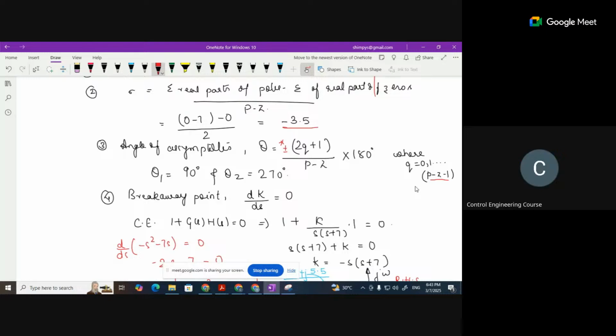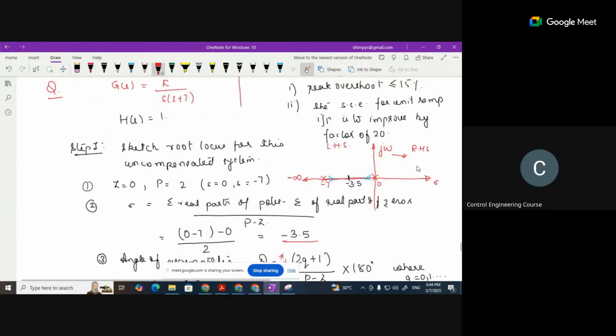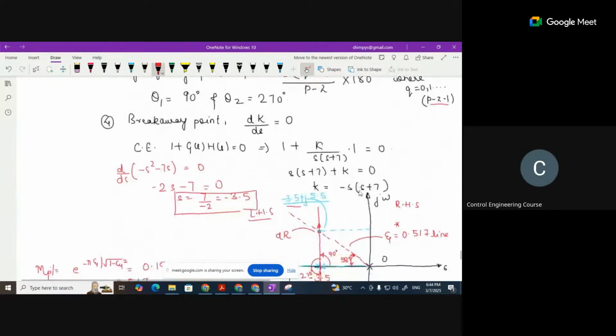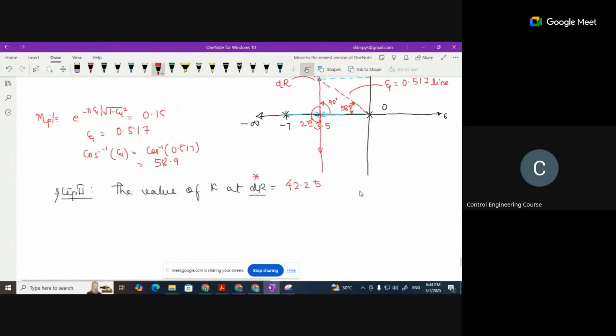So you just keep in mind that a positive angle indicates that the root locus will approach infinity moving in a counterclockwise direction. And a negative angle means the root locus will approach infinity moving in a clockwise direction, towards the right hand side and left hand side of the centroid respectively, right? Yes, ma'am. Clear? Clear. Okay.